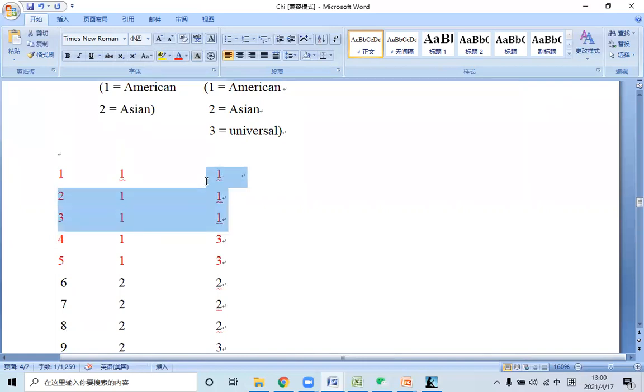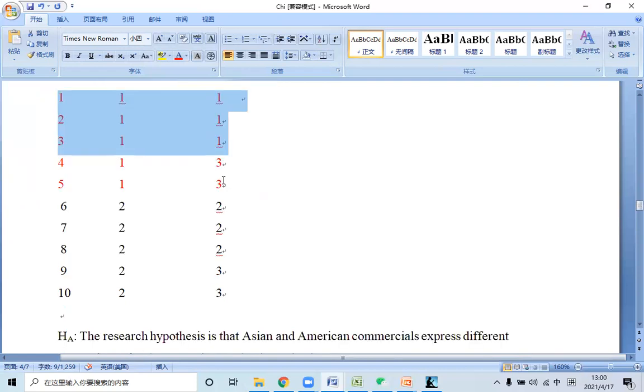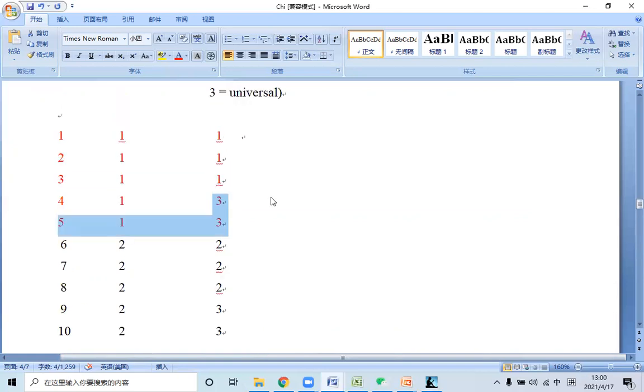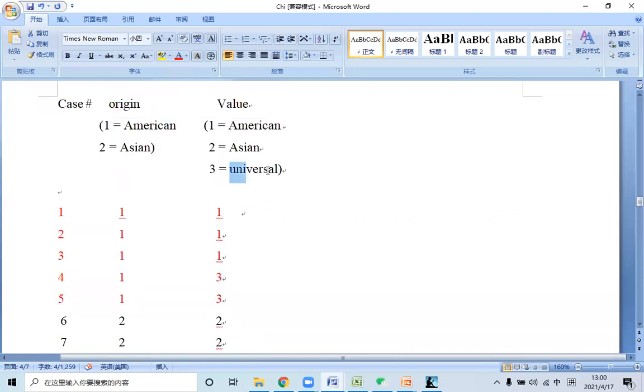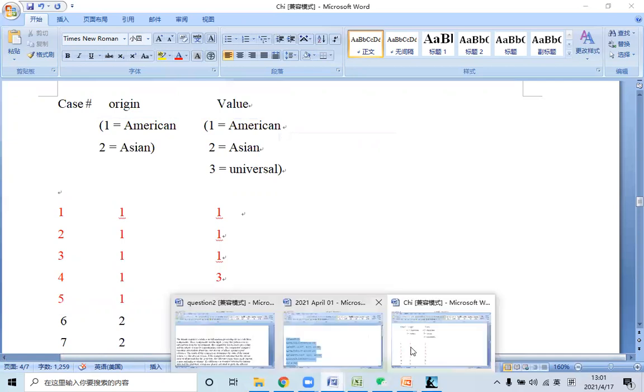These are the 3 expressing American values. How many of them would express Asian values? We don't have any. So it's a 0. How many of them would express universal values? 1, 2. You have 2 expressing universal values. So lay them out.